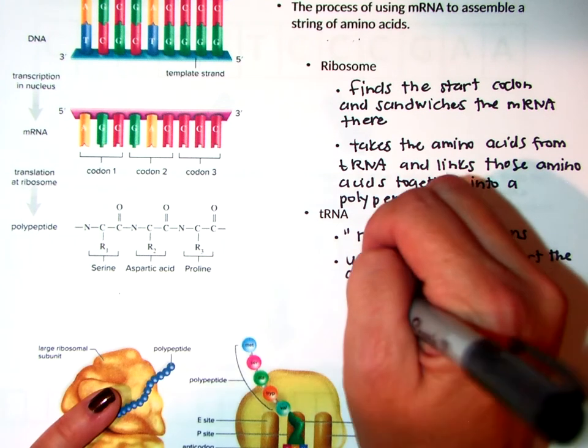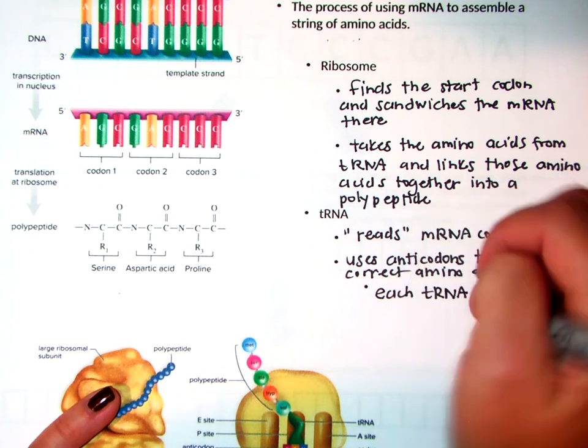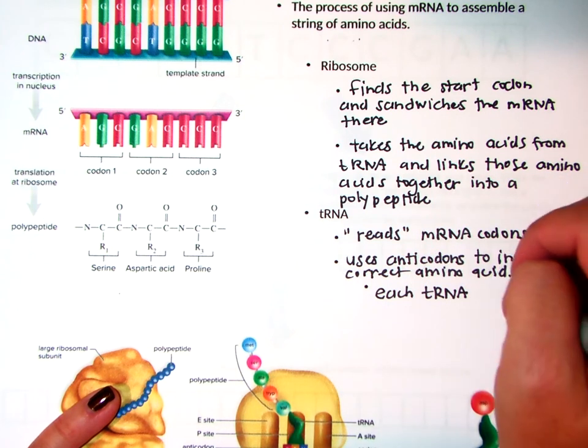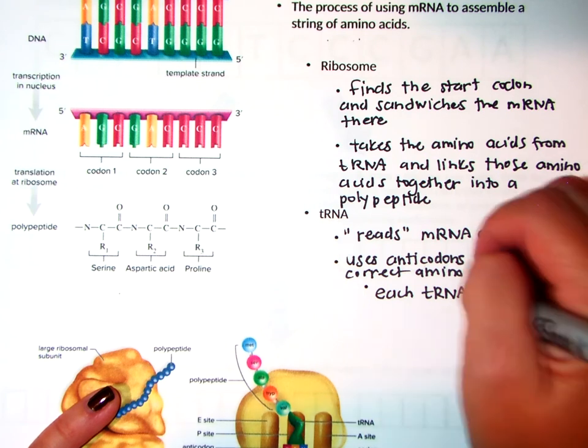So each tRNA is made to carry only one specific amino acid.